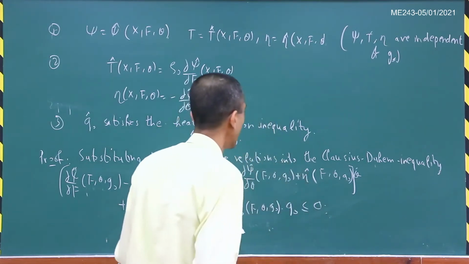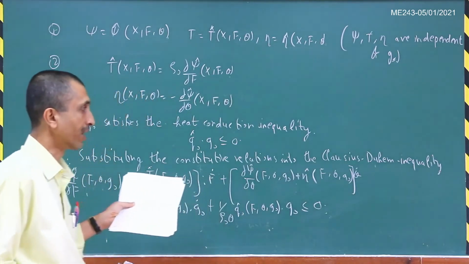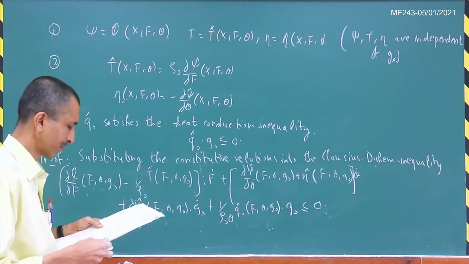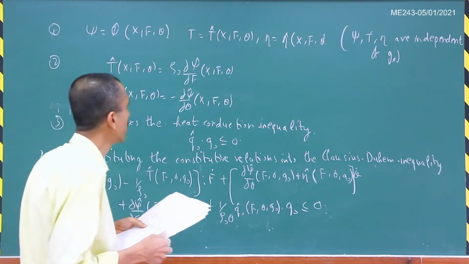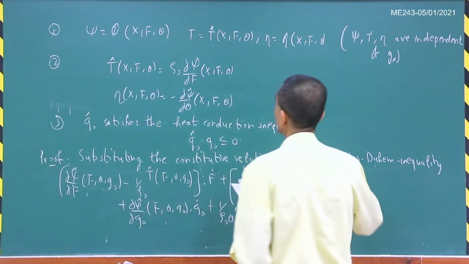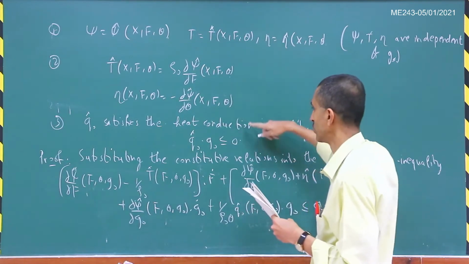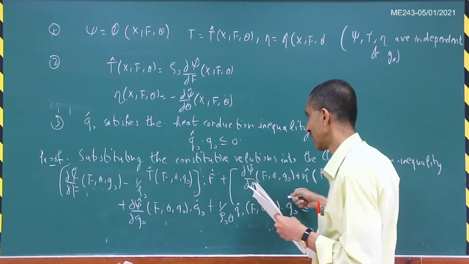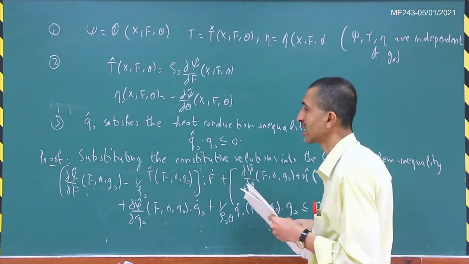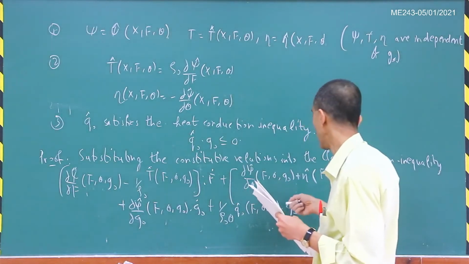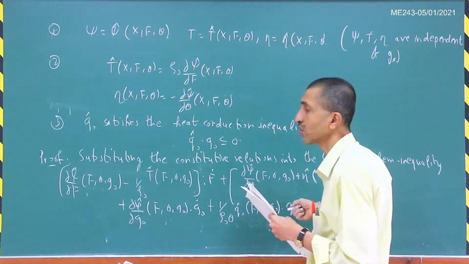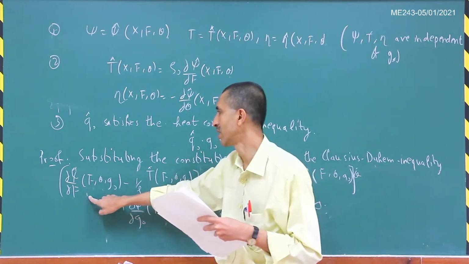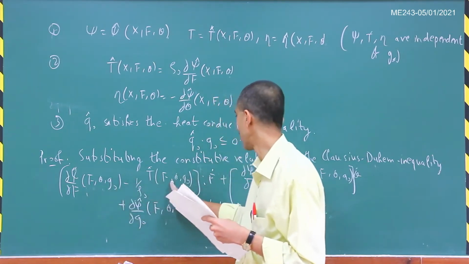So all I have done is that I have applied the chain rule after substituting the constitutive relation in the Clausius-Duhem inequality. Okay. Now, if you see these three conditions, right? If you just substitute these three conditions into this particular equation, you will see that this inequality is automatically satisfied, right? Because T hat is rho naught del xi hat by del F. So this part goes to 0.